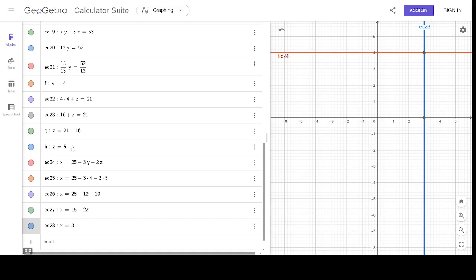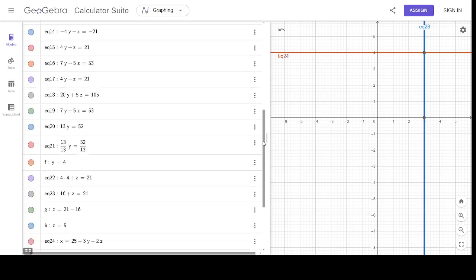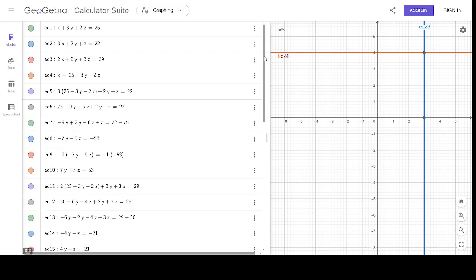We can actually prove these answers. We can check if these answers are correct by substituting the values of those variables into one of the equations to see if the left side of the expression is equal to the right side. We can pick this first equation, x plus 3y plus 2z is equal to 25.